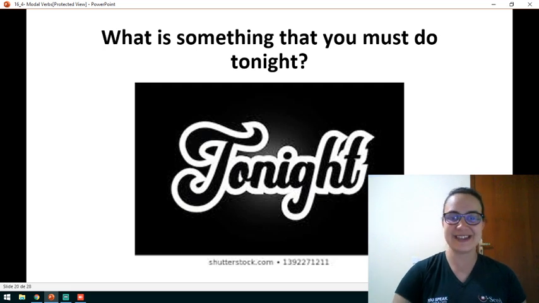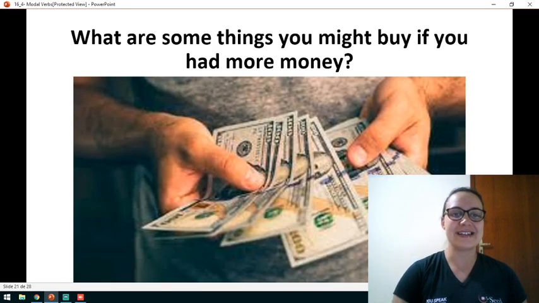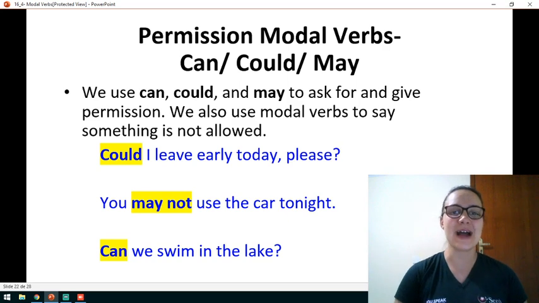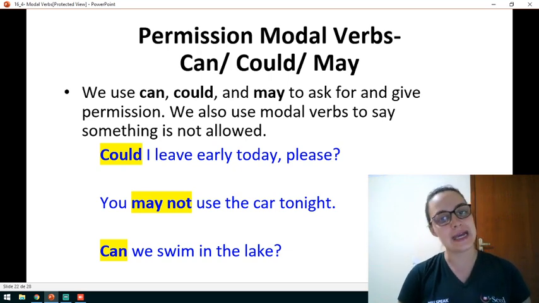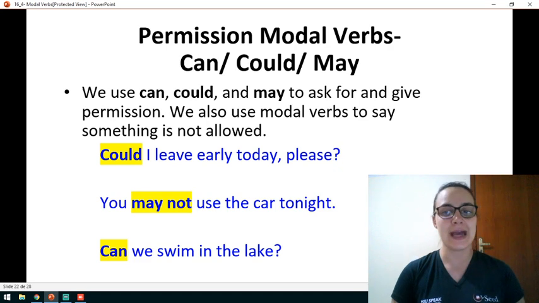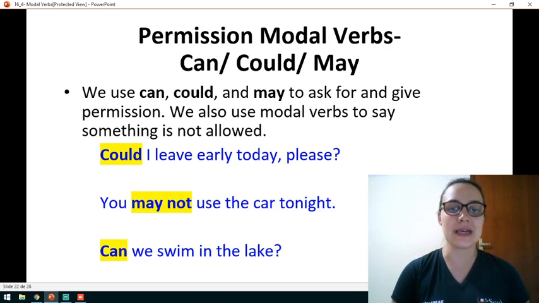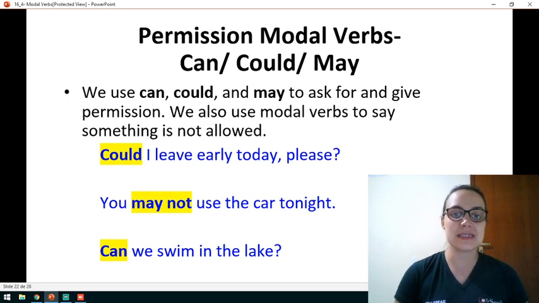Good example, Natalia. All right, excellent. Now, let's talk about permission. When we talk about permission, we use can, could, and may to ask for and give permission. We also use the modal verbs to say something is not allowed.